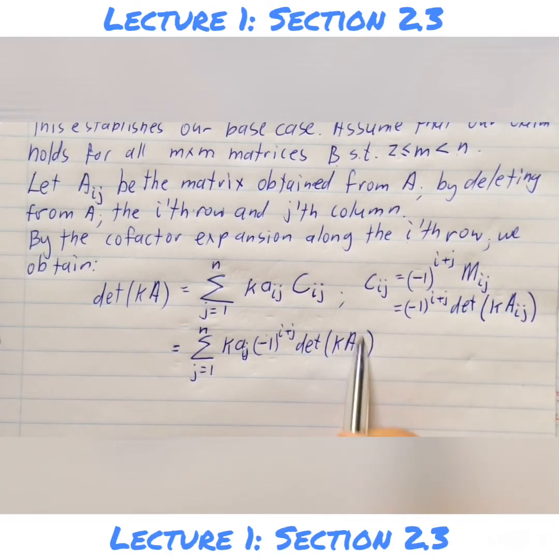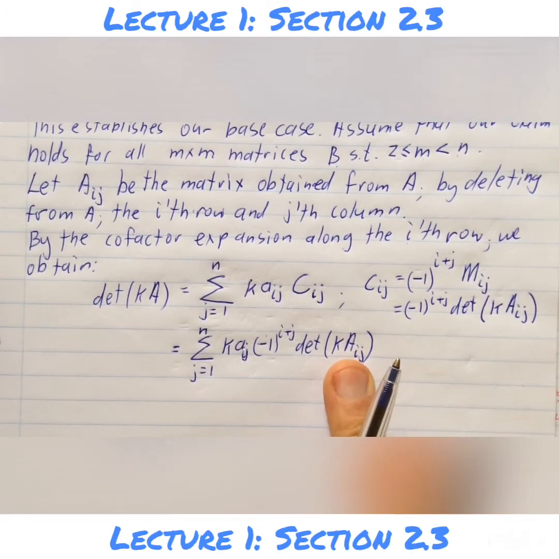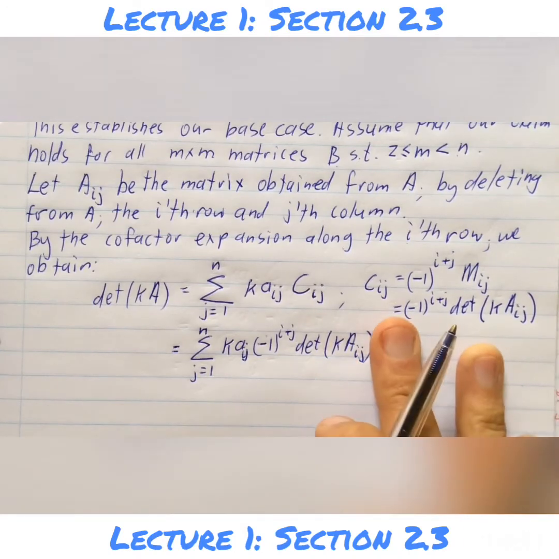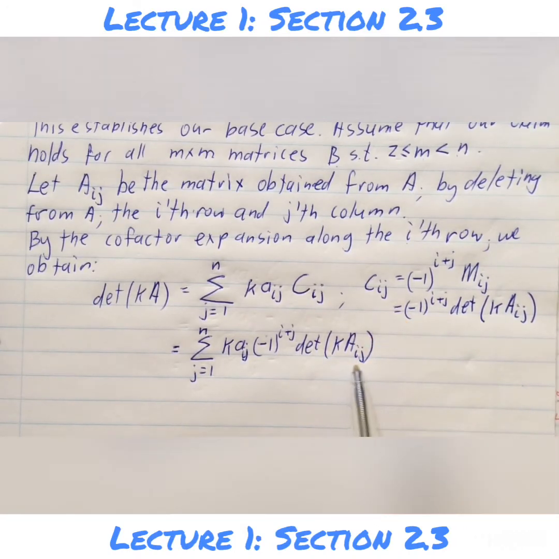Now how many rows and columns does this matrix have? It must have n minus 1 rows and n minus 1 columns, because I obtained it by deleting the ith row and jth column.